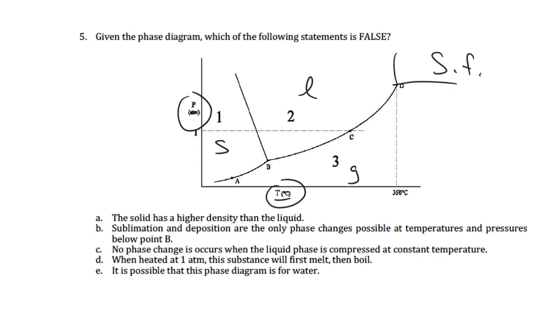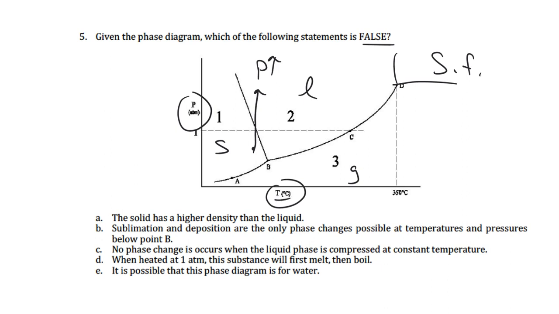And so one of the questions says, which of the following is false? I hate those kinds of questions because I always end up trying to find the true statement. But the solid has a higher density than the liquid. So here's the solid. The best way to think about density, I think, is if you increase the pressure, so you're putting pressure onto the solid, you're pushing the solid closer together, that's increasing the density.